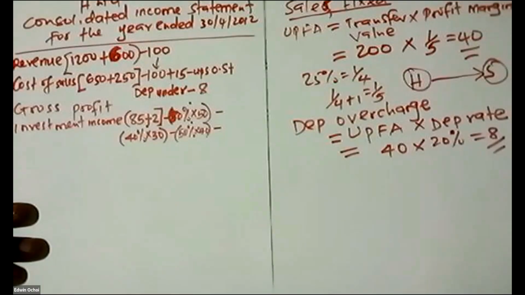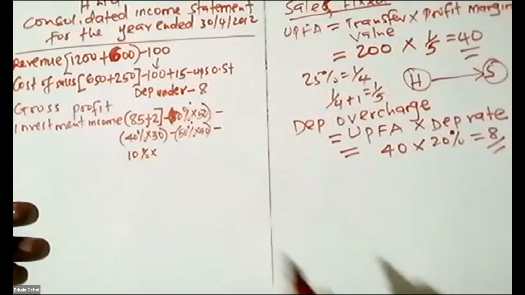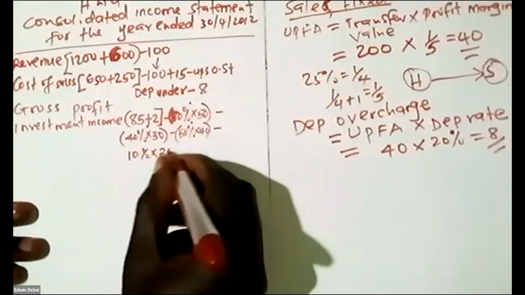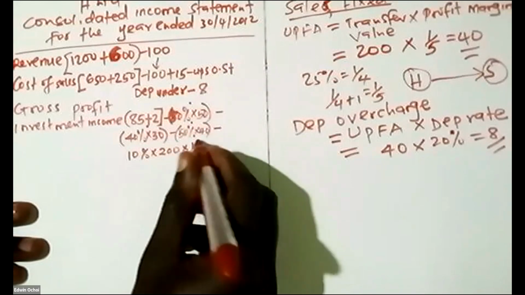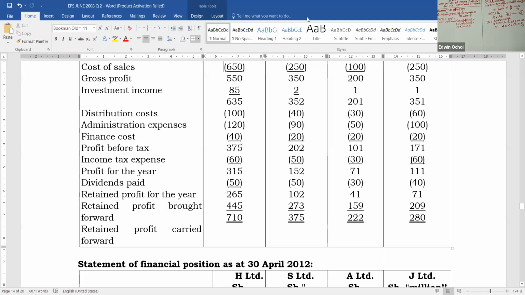So the last one is concerning interest. Remember, interest was 10% times 200 times a half. So where am I getting that 10% from? They said there was an investment they made. And remember, if you made an investment in a loan, the return you get is interest.